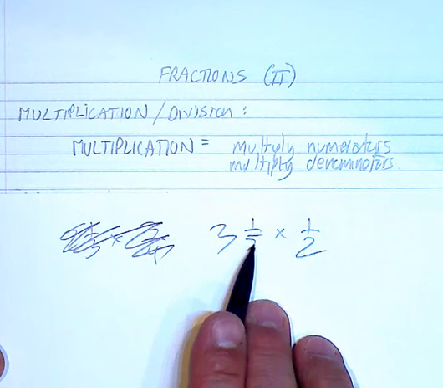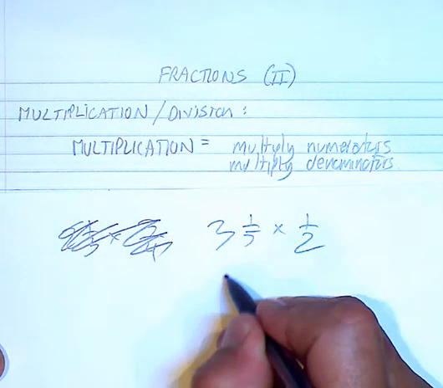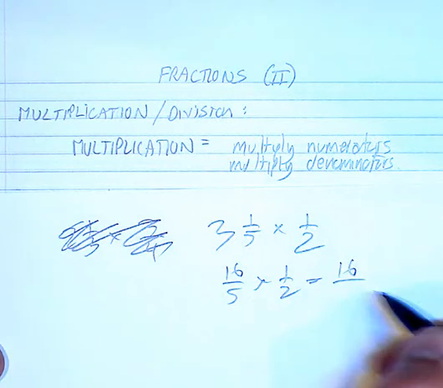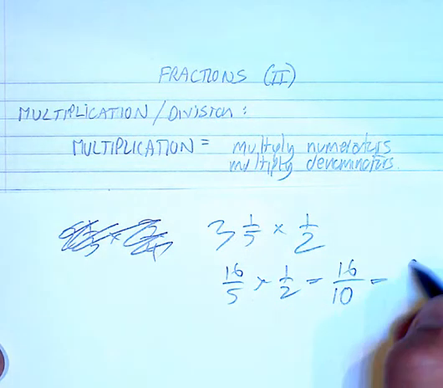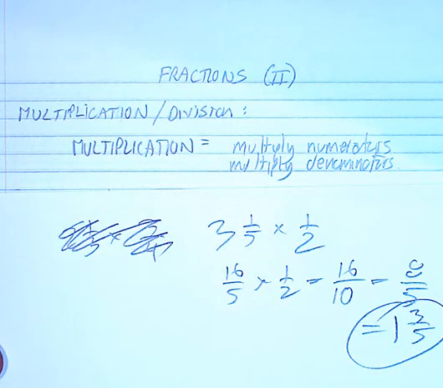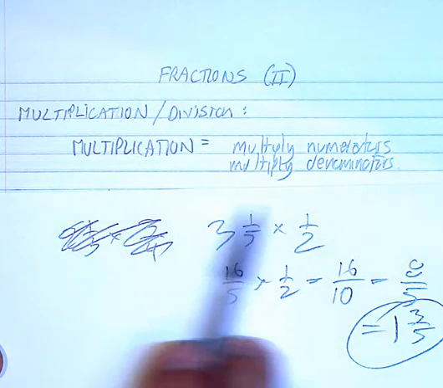So 5 times 3 is 15 plus 1 is 16/5 times 1/2. Now you multiply it out, 16/10. That reduces to 8/5. And then you can put it back into a mixed number if you want. 5 goes into 8 one time, and you have 3/5 left over.